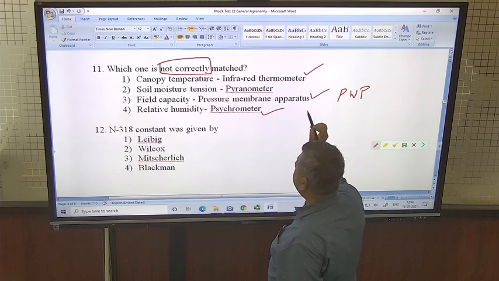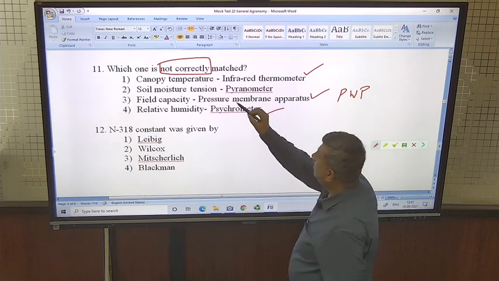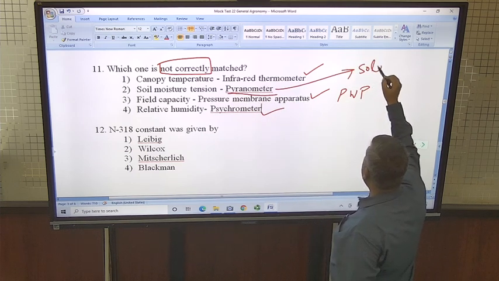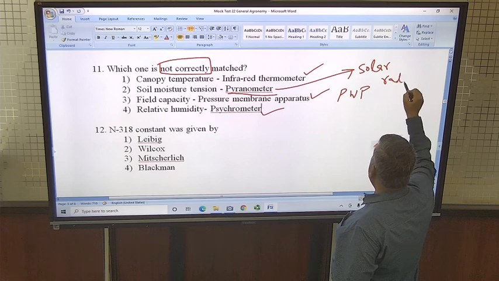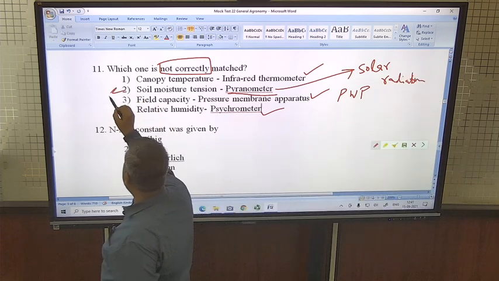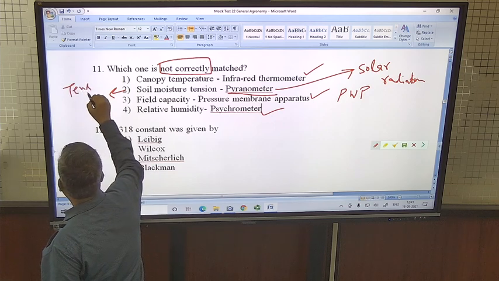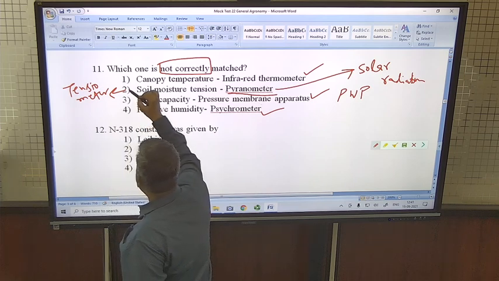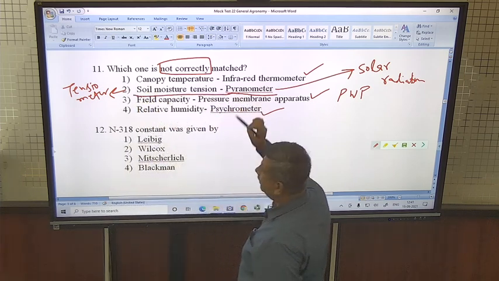Relative humidity by psychrometer is also correct. But the pyranometer is used for solar radiation, and soil moisture tension is known by tensiometer. So that is why this pair is not correctly matched.